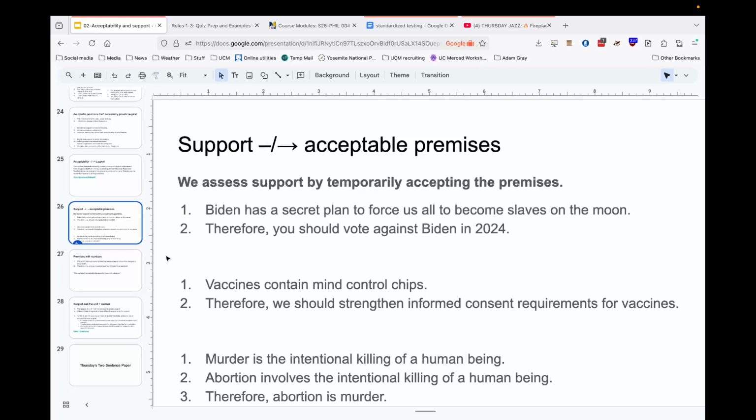So when we assess support, we temporarily accept the premises, no matter how ridiculous or outlandish, or how much we disagree with them. And we ask, okay, if someone did accept this, would that give a reason to accept the conclusion? Question on the first two outlandish examples?